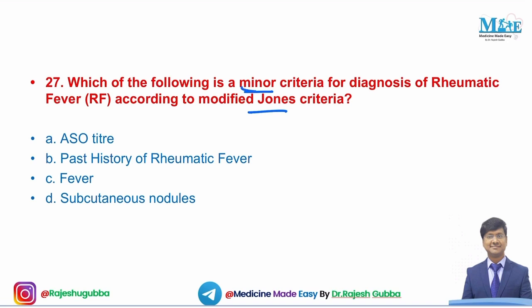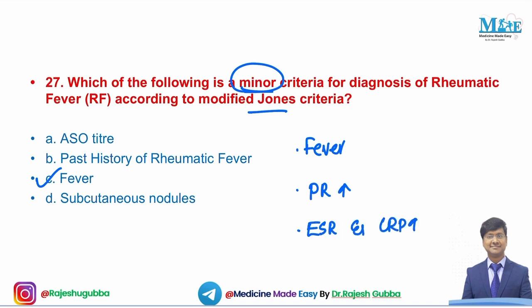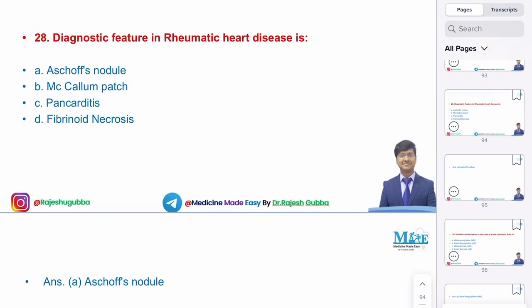The minor criteria in modified Jones criteria are fever, where temperature is more than 38 degrees centigrade, then prolonged PR interval, then increased ESR and CRP. So the presence of fever is the minor criterion for the diagnosis of rheumatic fever. Next question.